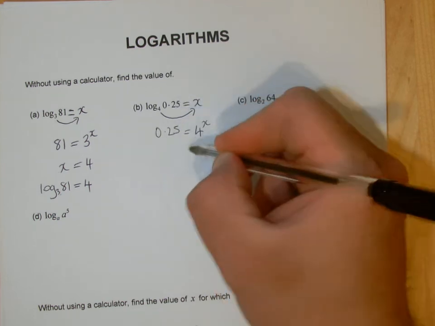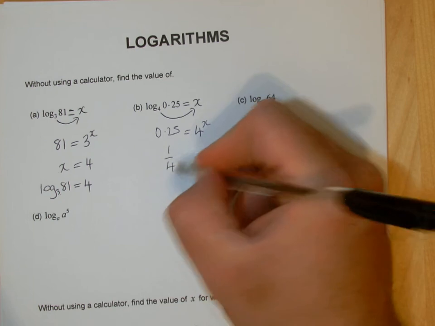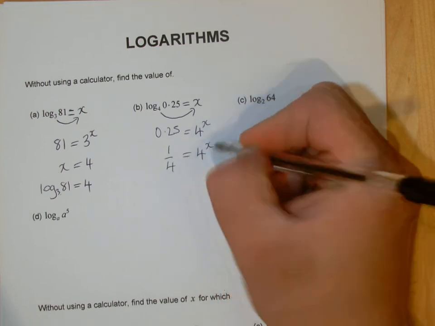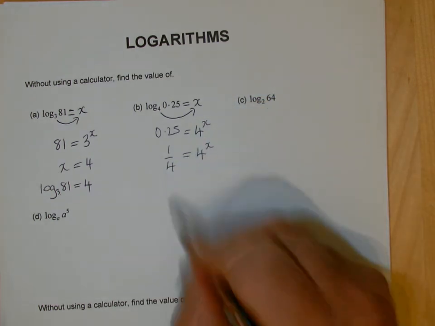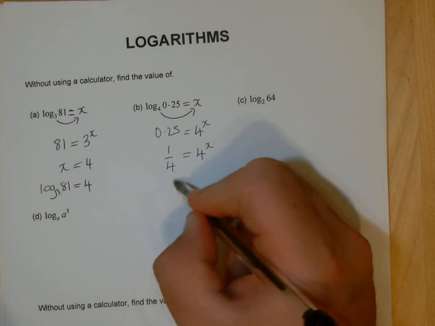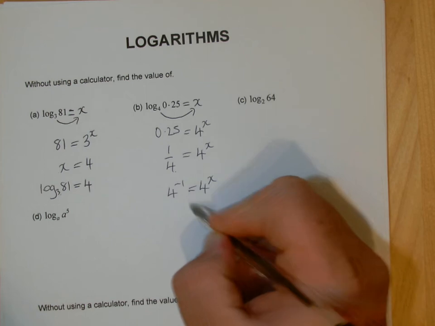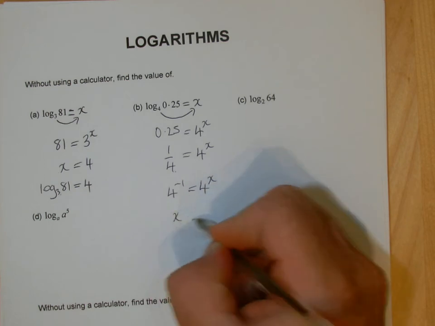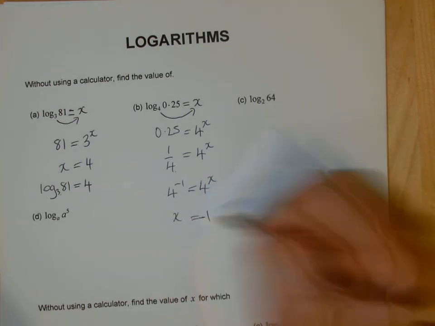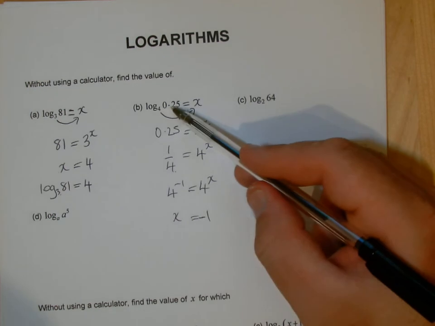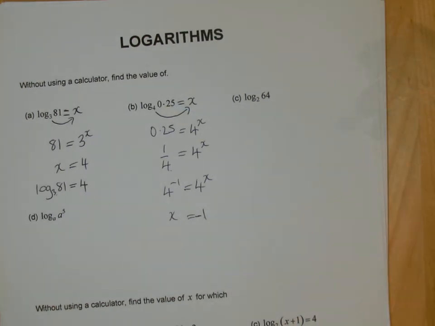Of course, we know 0.25 is a quarter. So if we write it like that, we've got 4s that are connected, but 1 over 4 you can rewrite as 4 to the power minus 1. Then you can see that x has got to be equal to minus 1. So in this case, that logarithm is actually equal to minus 1.